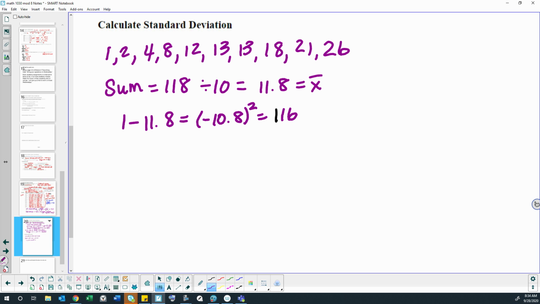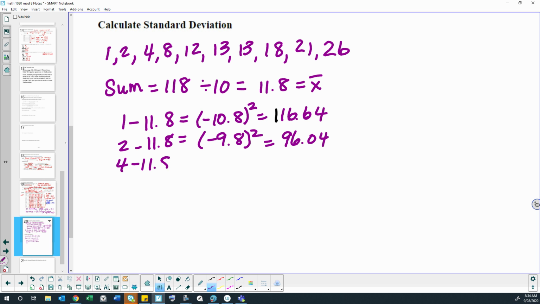And then square them. I found it easiest if I just had it all in my calculator and did each one all at once. So then 2 minus 11.8 was negative 9.8 squared, which was 96.04. And then 4 minus 11.8 was negative 7.8 squared, which was 60.84.